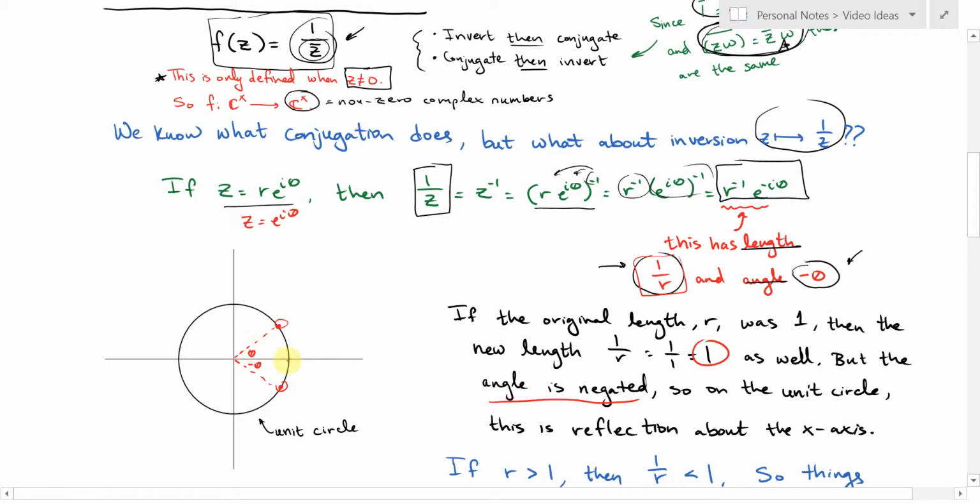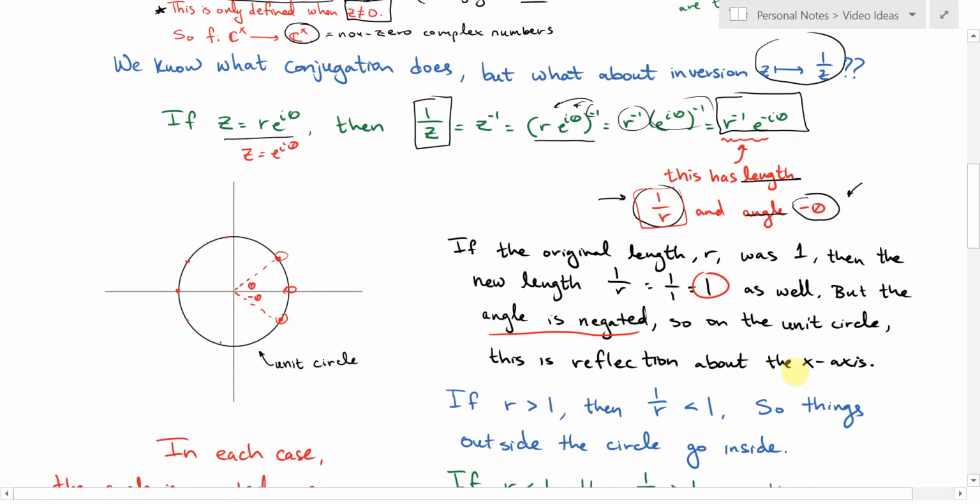Of course, if the angle theta was 0 or pi, then theta would equal negative theta, so these 2 points are fixed. As long as you're restricted to the unit circle, it acts almost like conjugation. It reflects things around the real axis. This point gets mapped to this point, and this point gets mapped to that point, and so on.